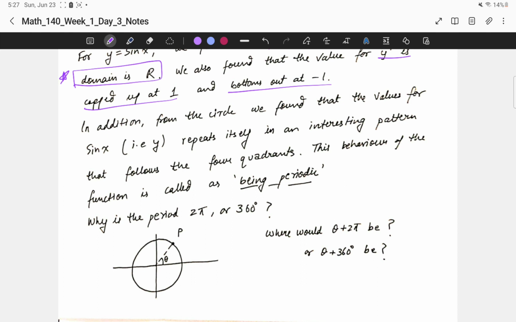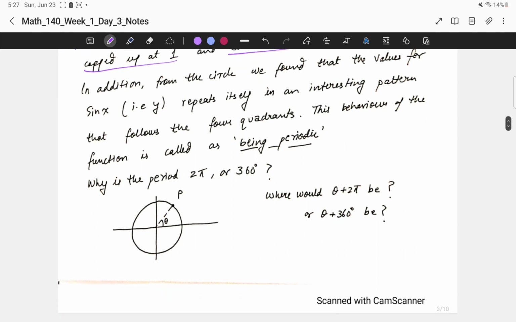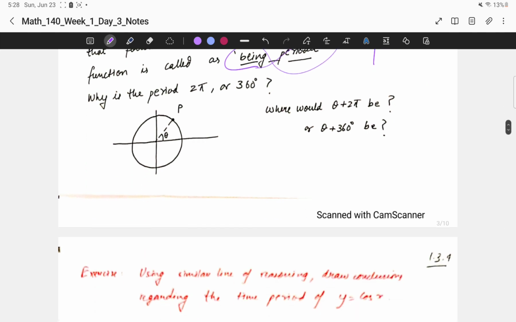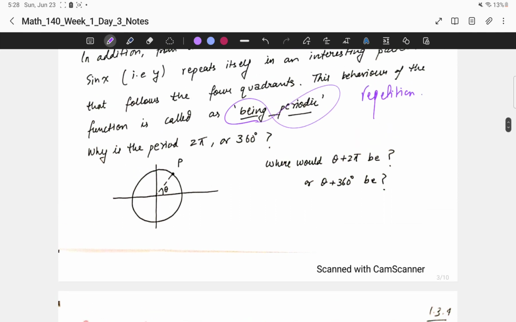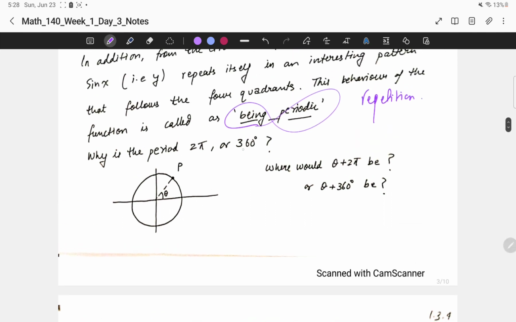This behavior is called being periodic. Being periodic means the behavior repeats after a given point of time. Like our days are periodic, the sunsets are periodic, nights are periodic, all of that. And this period, or when it starts repeating, is 1 full circle, 360 degrees or 2 pi.